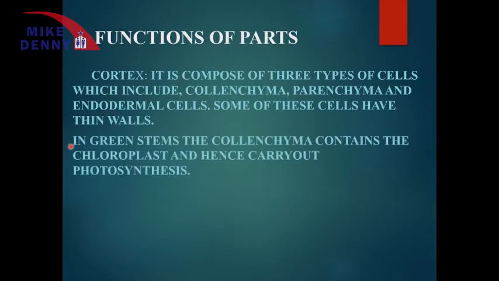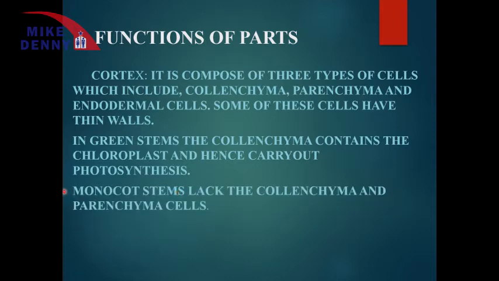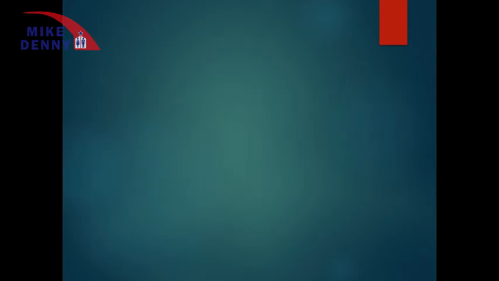In green stems, the collenchyma contains chloroplasts that carry out the process of photosynthesis. Then we also say the monocot stems lack the collenchyma and the parenchyma cells. So you take note, the monocot stems lack the collenchyma and the parenchyma cells. This is already leading you to make differences between the monocot stem and the dicot stem.